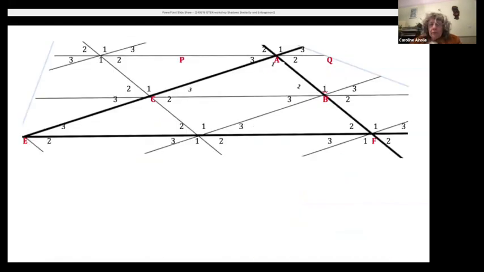Well, here you have the same tessellation. Did you notice that word tessellation? When copies of the same shape, identical copies of the same shape, fit together to cover the plane, that's called a tessellation.